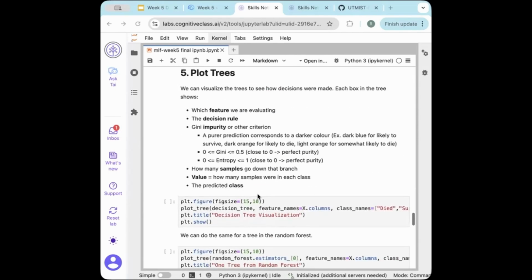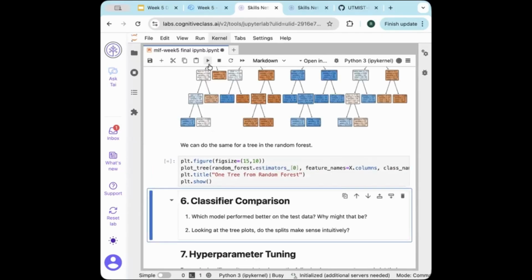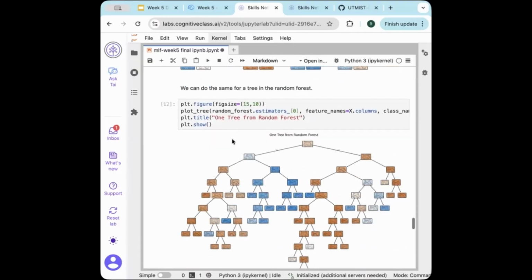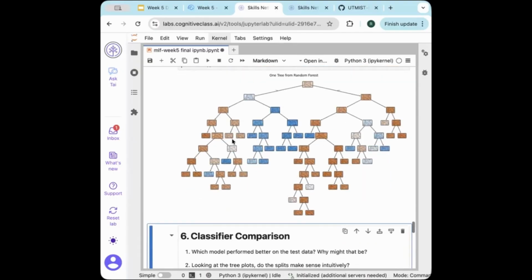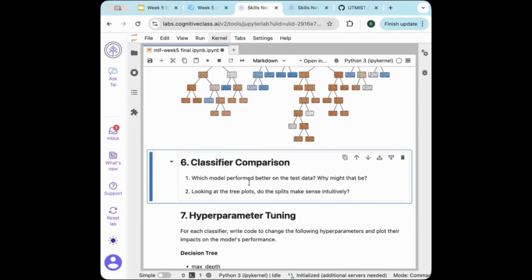So I'll move on and plot the trees. There's nothing to do here; all we're going to do is observe how the trees were plotted. And then we can talk about the questions.